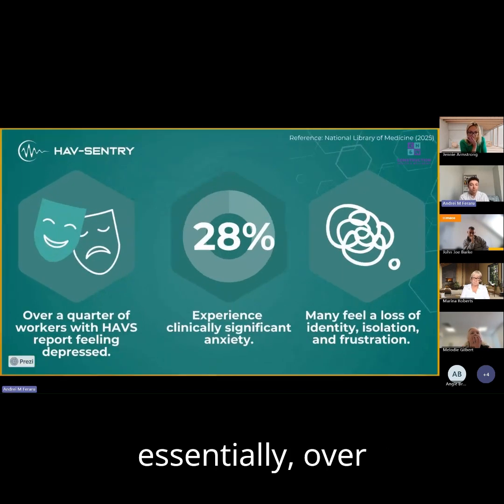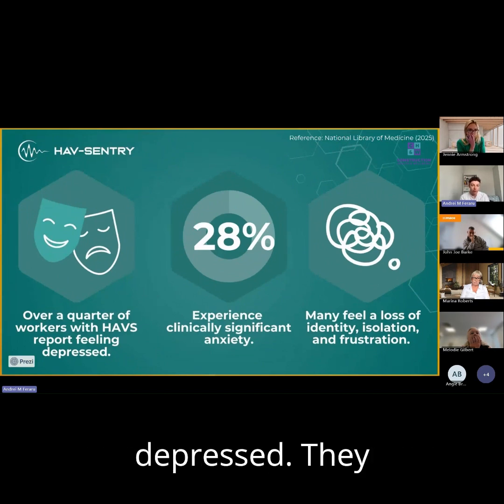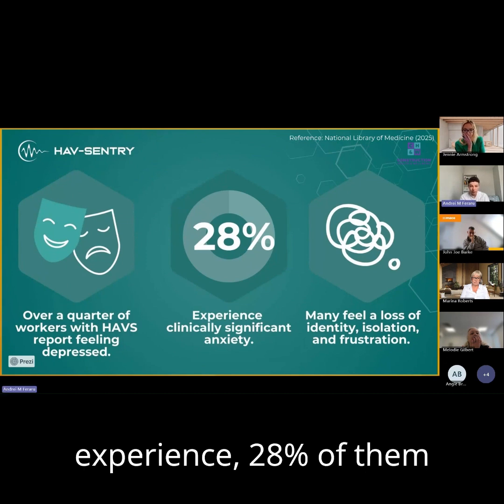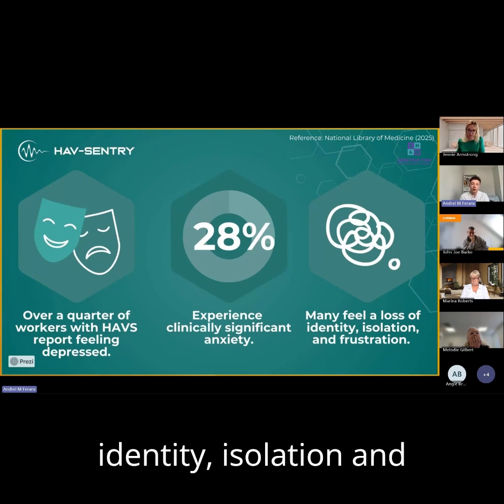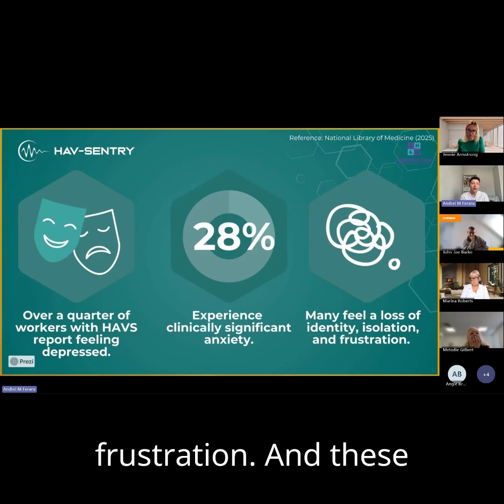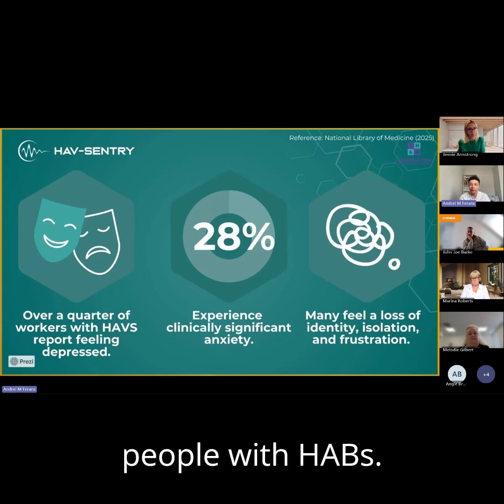But essentially, over a quarter of workers with HAVS symptoms report feeling depressed. 28% of them experience clinically significant anxiety, and many of them feel a loss of identity, isolation, and frustration. And these metrics are specific for people with HAVS.